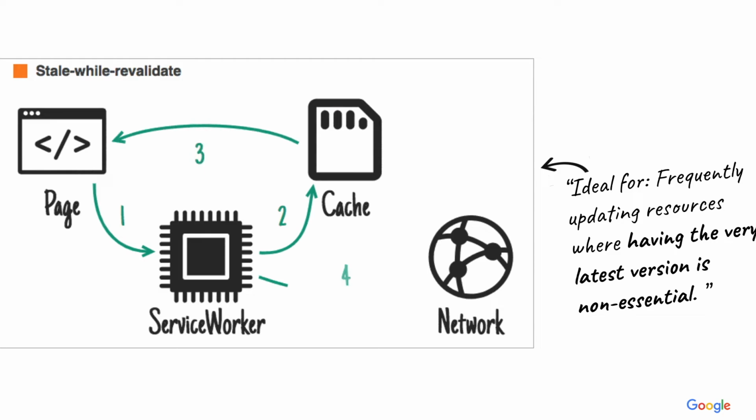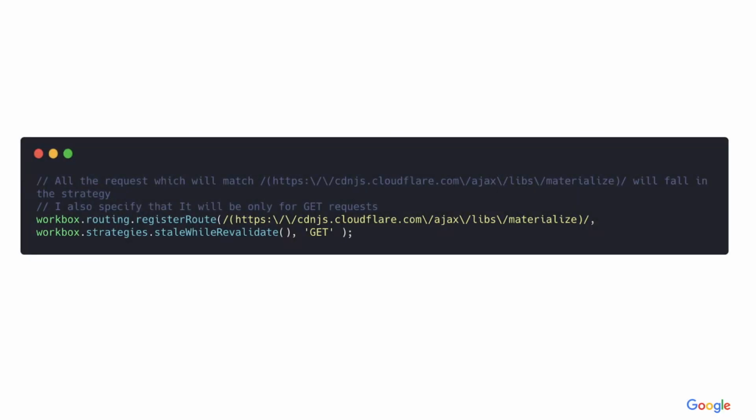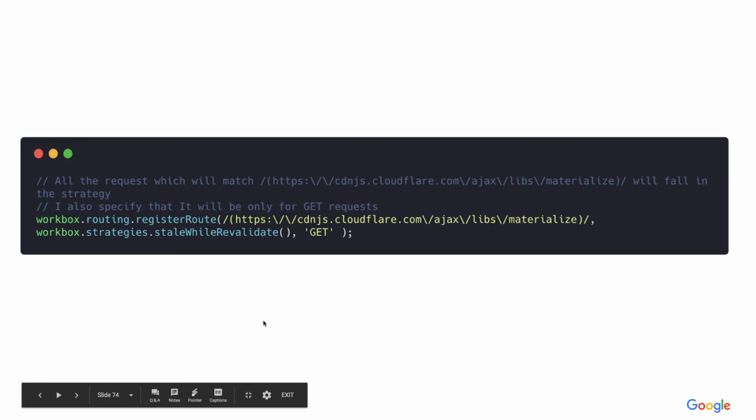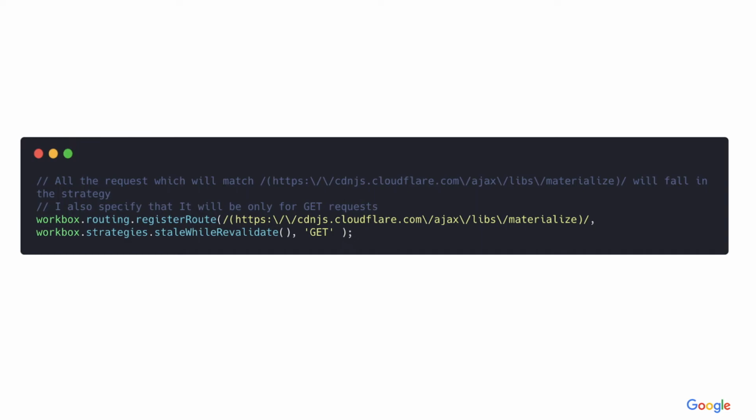And to do that with Workbox is super easy. In the service worker that we generated, what we can do is create a route, and then we set a specific strategy to handle that.